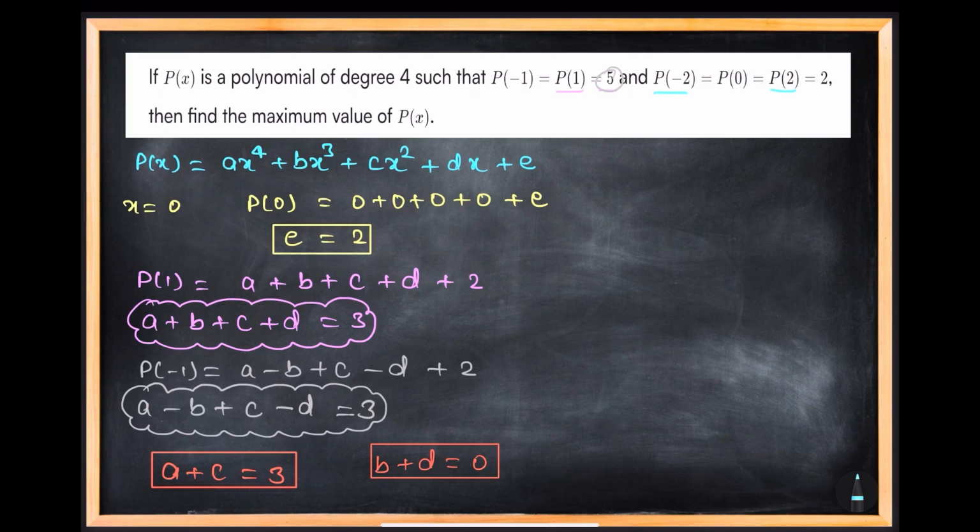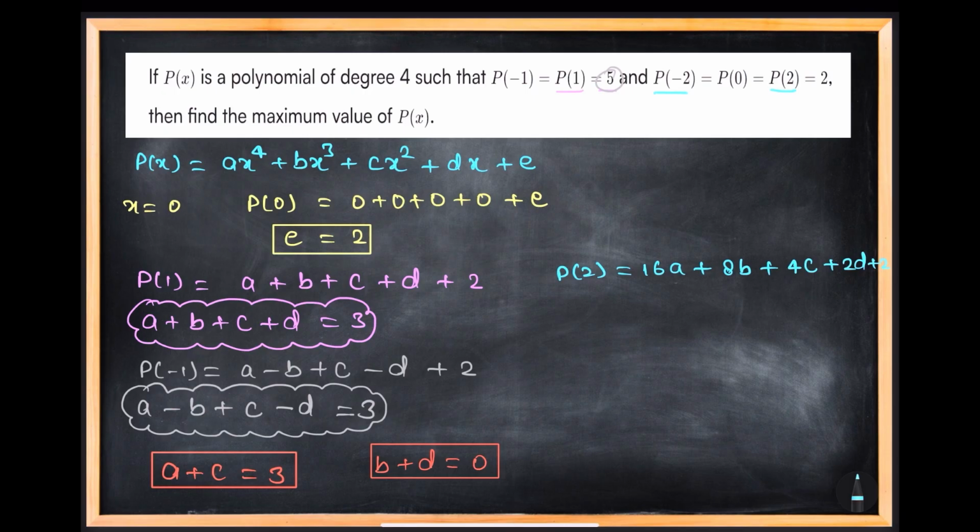Look at this. Can I write p of 2 as 2 to the power 4? 2 to the power 4 is what? 16. So we will have 16a plus 8b plus 4c plus 2d, and then plus 2.